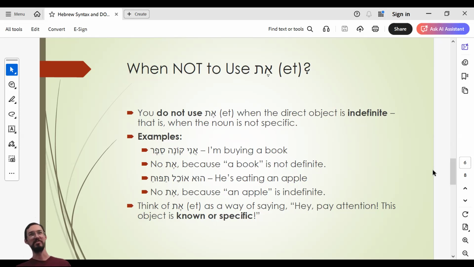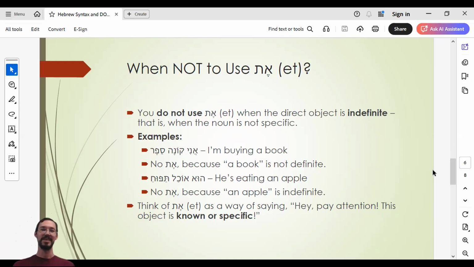A sefer might be a follow-up question. That's where you can get creative. Okay, he's eating an apple. It doesn't really matter what kind of apple he's eating, right? He's eating an apple, who cares? If it's the one with the worm sticking out, maybe it's time to say something. See something, say something.